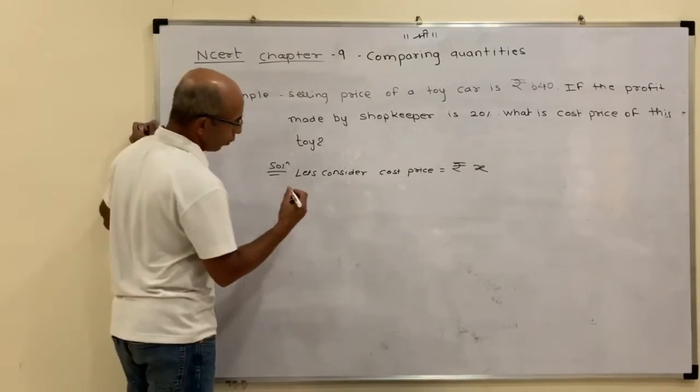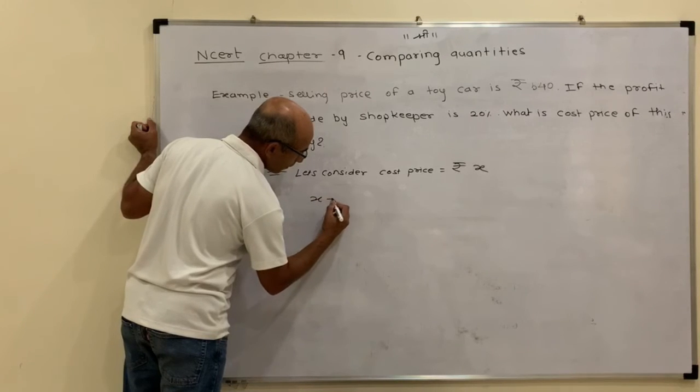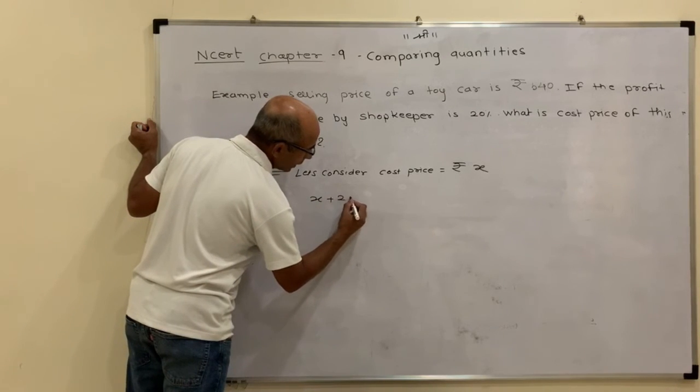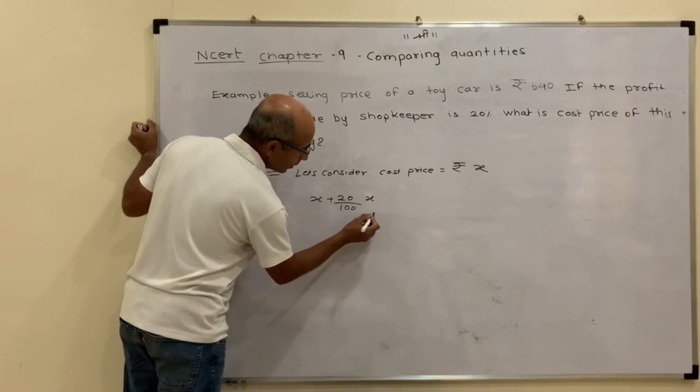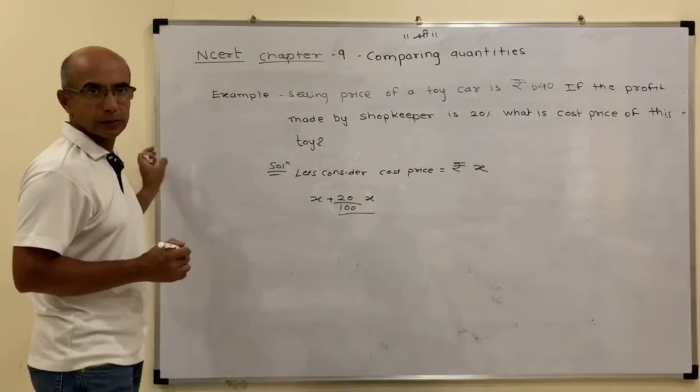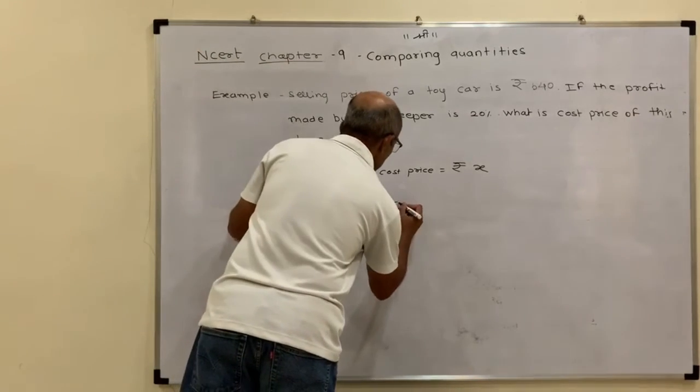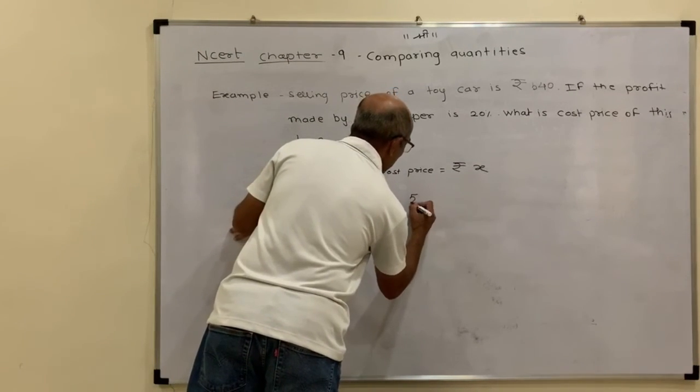So X plus 20 divided by 100 of X, that is the profit, is equal to my sale price, that is 540.